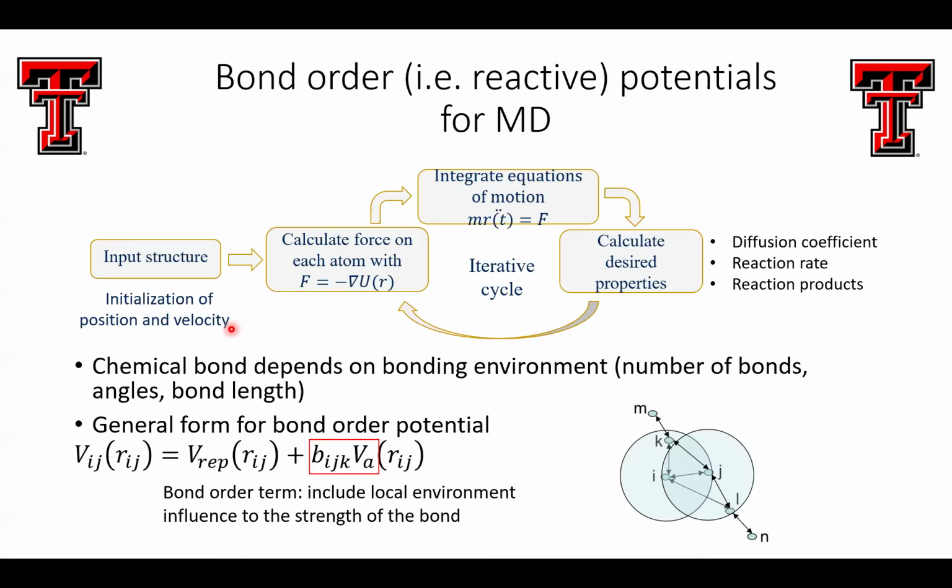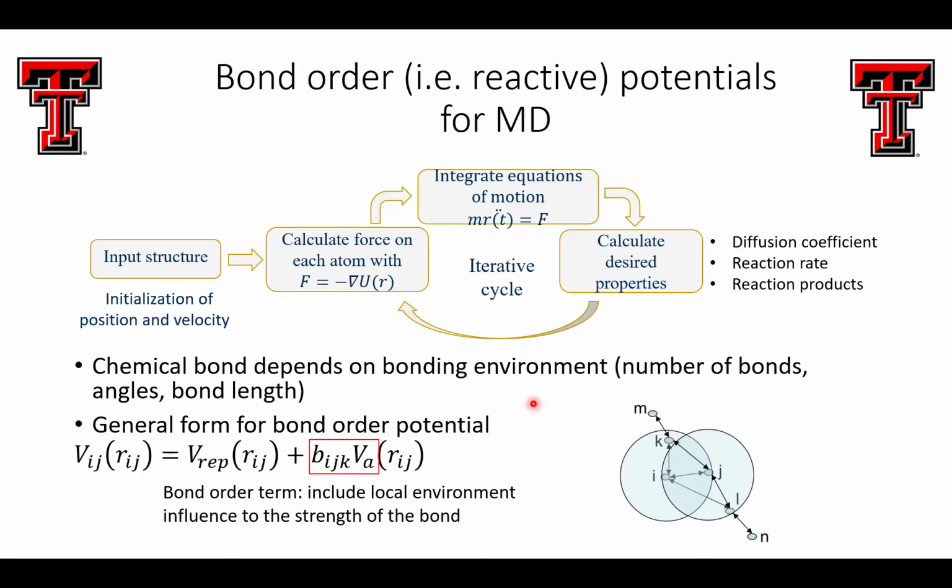So that data, and now we need to develop a reactive model which reproduces the same data as the density functional theory, and then simulate that on the larger scale. Well, that was the first workflow which was needed in this case.